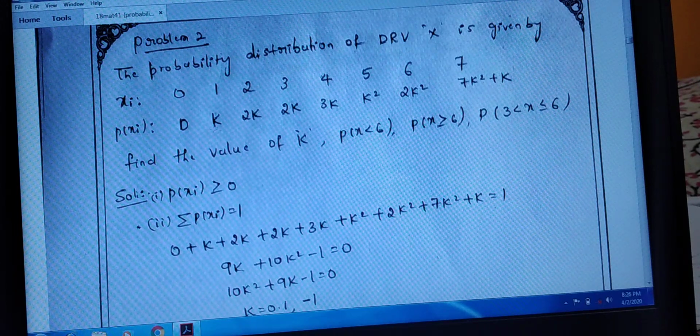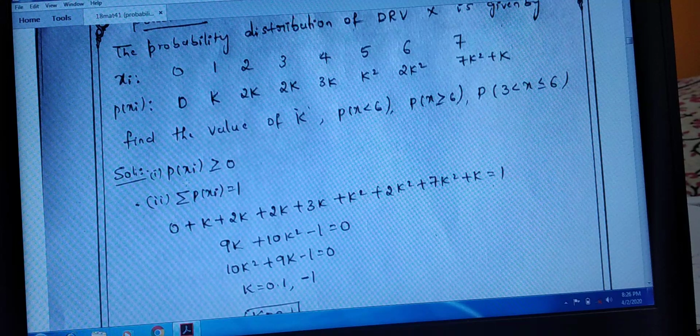As I already told you, if you want to say p of xi is a probability density function or probability mass function, it must satisfy two conditions: p of xi must be greater than or equal to 0, and the summation of p of xi is equal to 1.